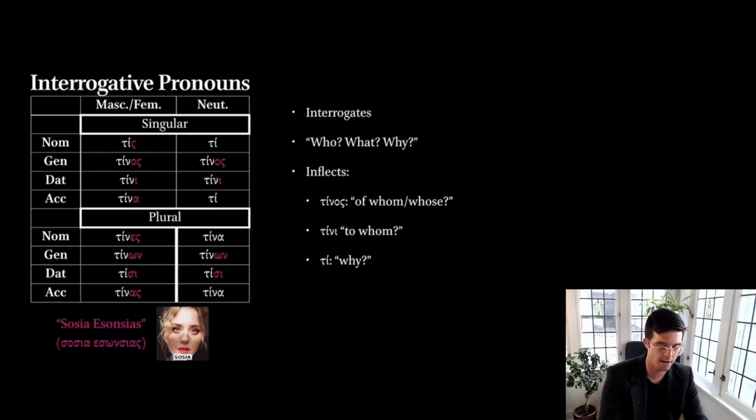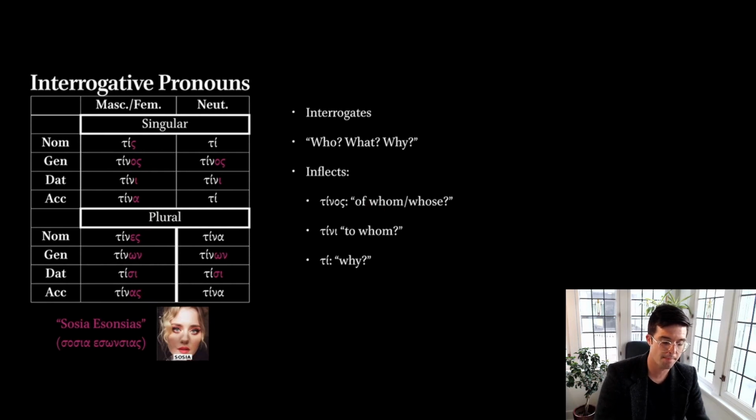And then over here, these are both masculine and feminine forms. And then over here in the neuter, we have the neuter nominative and accusative in both the singular and the plural being different from one another. So an interrogative pronoun, as its name implies, interrogates something. It asks a question, who, what, or why, and it can inflect for different forms.